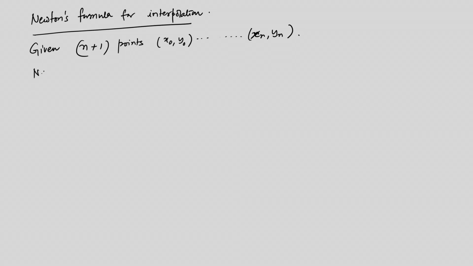So, we have n plus 1 points, those are experimental data points starting from x_0, y_0 all the way till x_n, y_n. We need to find y_n of x, which is a polynomial of nth degree.